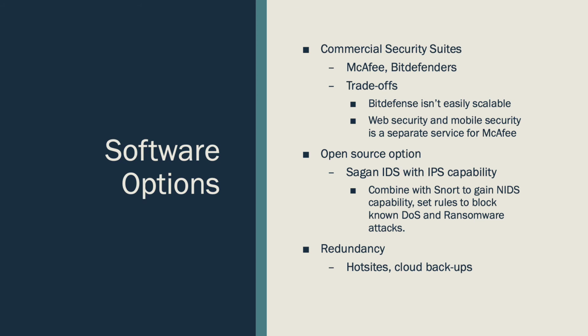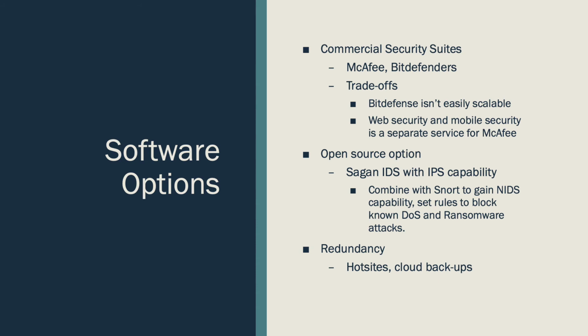Automatically updated anti-malware IDS and IPS solutions should specifically be implemented. Some solutions to consider would be the McAfee mVision Endpoint Protection Suite, Bitdefender GravityZone Elite Security Suite, SideGuard, or HotSite and Cloud Backup Services.